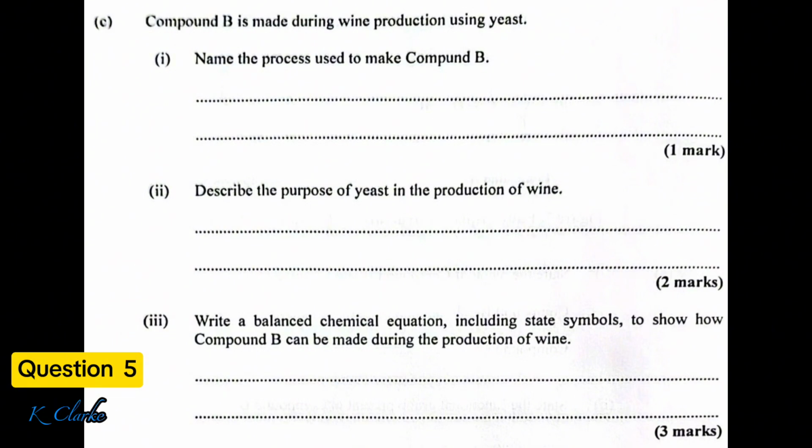C. Compound B is made during wine production using yeast. Part 1. Name the process used to make compound B. Now this process is fermentation. Part 2. Describe the purpose of yeast in the production of wine.